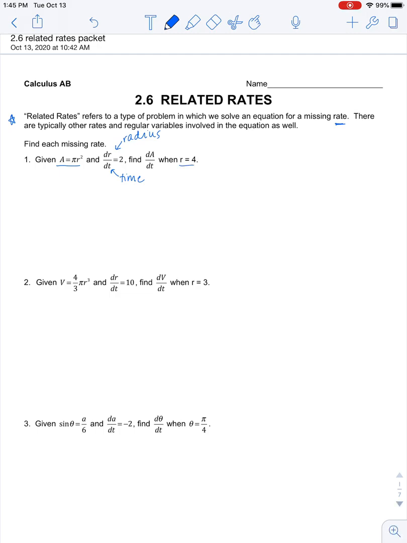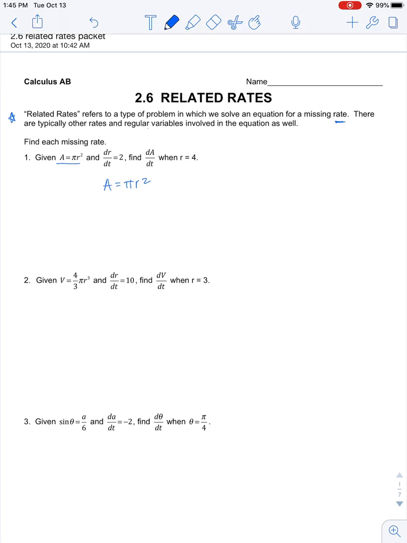So we're going to need some of that same implicit differentiation notation that we've used in the past. Meaning, if I take A equals pi r squared and differentiate this with respect to time, you'll notice I'm going to write d/dt this time instead of d/dx, because these have t's in the bottom.